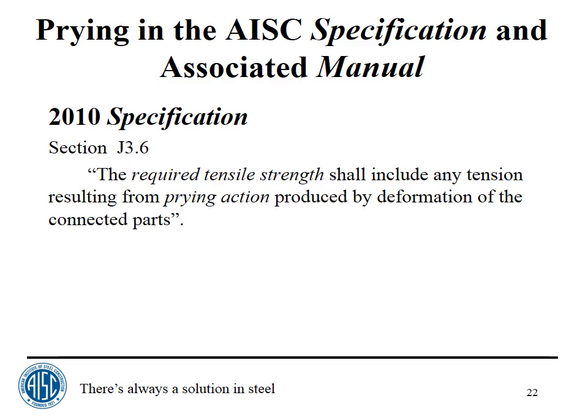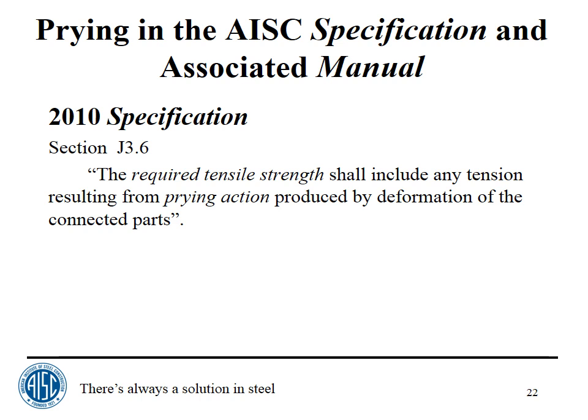Prying action is mentioned in the 2010 specification. That's the one that's in the 14th edition manual. It was also in the 13th edition manual, and in every specification since the 7th edition manual, about 1970. All it says, though, is the required tensile strength shall include any tension resulting from prying action produced by deformation of the connected parts.